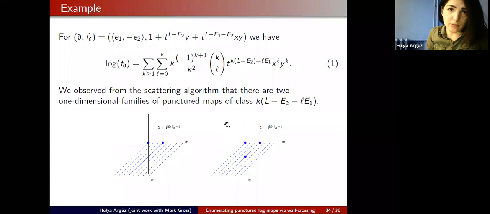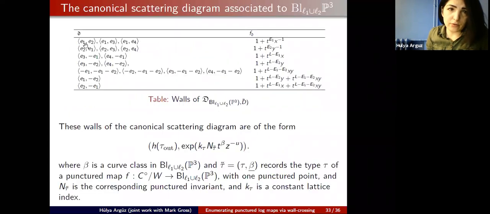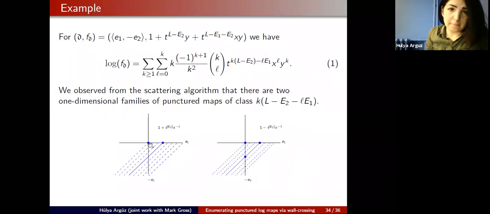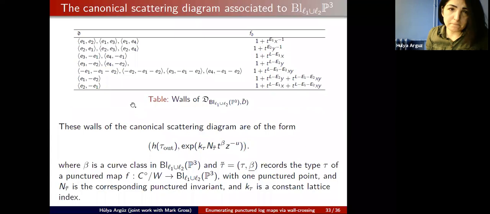Let me say what I mean. So we have a wall with support E_1 minus E_2. I took the most complicated wall, with support E_1 minus E_2. So these are the supports of the walls. I have a wall with support E_1 minus E_2 in my final consistent scattering diagram, and with attached function this.